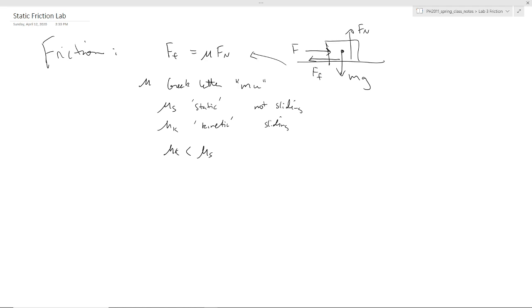So we're not going to be looking at both kinds of friction for lab. We're just going to be looking at static friction. And the system that we're going to be looking at is the inclined plane.